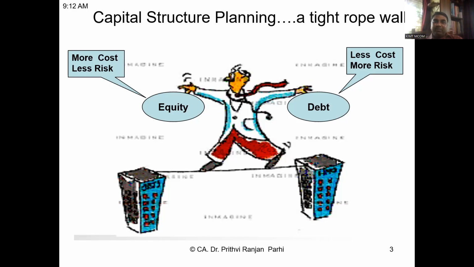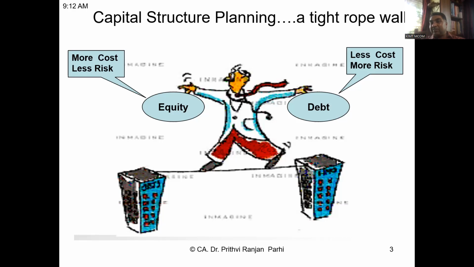You are not earning any profit, but you have to pay. Whereas in equity, that risk is not there for the business. Since equity shareholders are the owners, if there is no profit, they are not going to claim anything. But when there is profit, they'll be getting it. So risk is more in case of debt, less in case of equity.